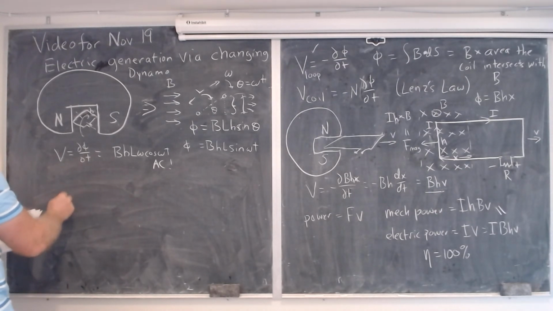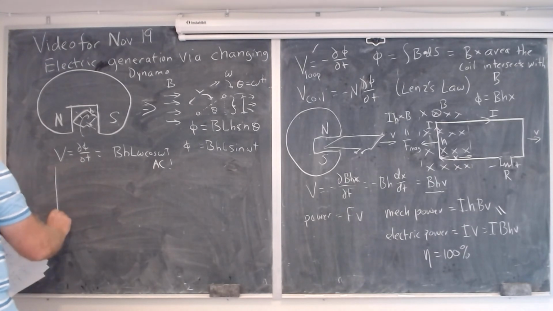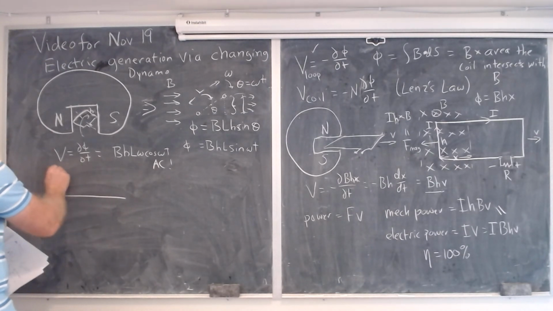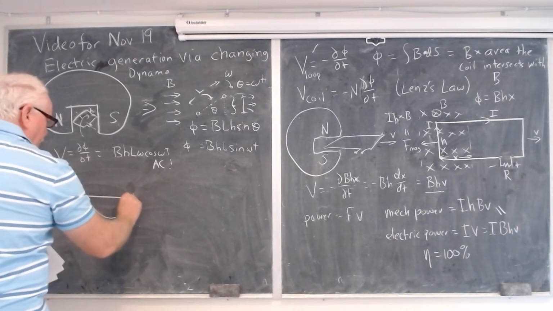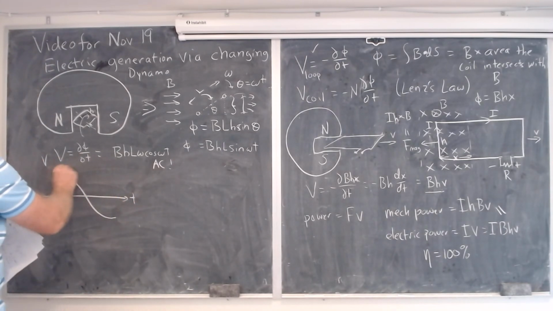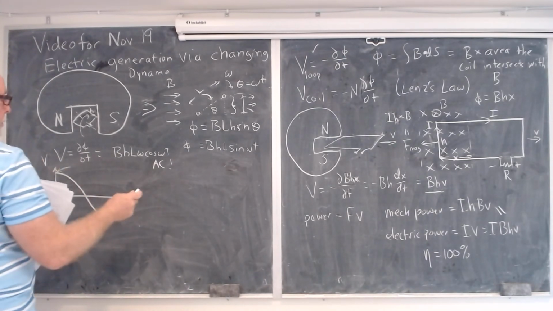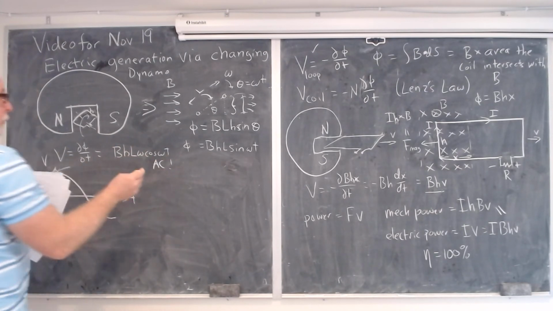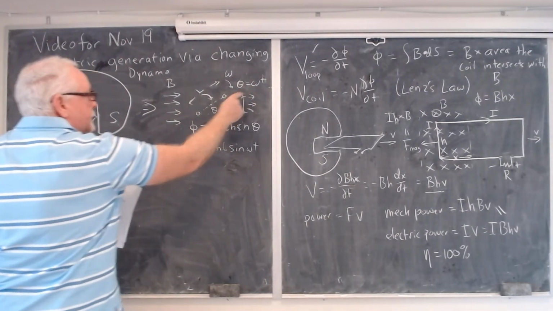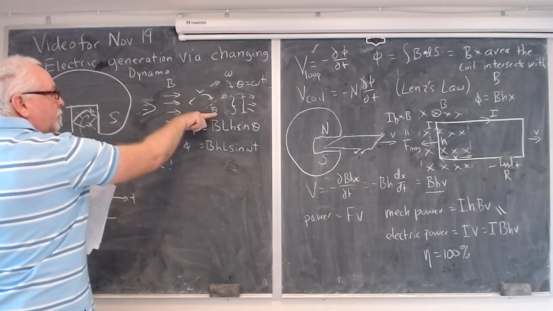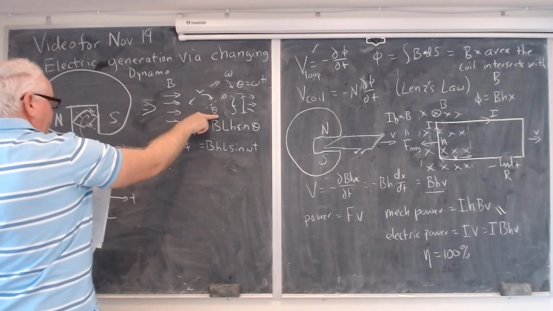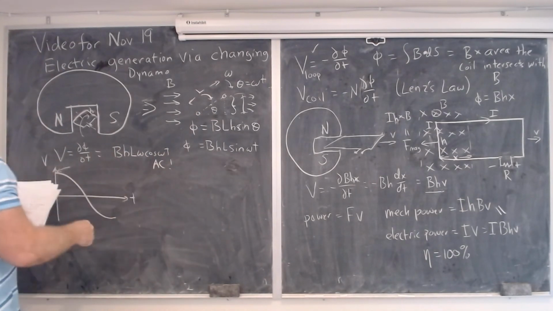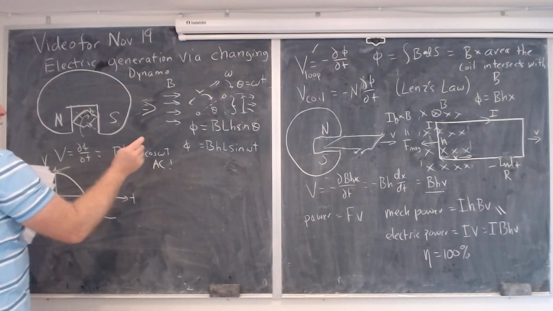For the dynamo, if I draw V versus time, it's a cosine. Now think about it. I define this such that at t equals 0, it's there, and so the maximum.